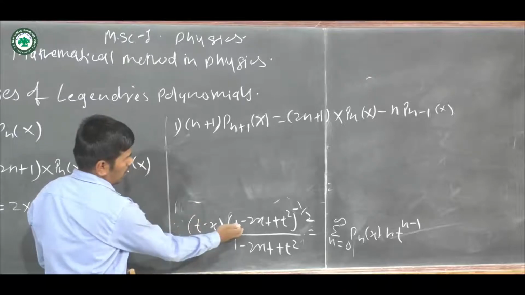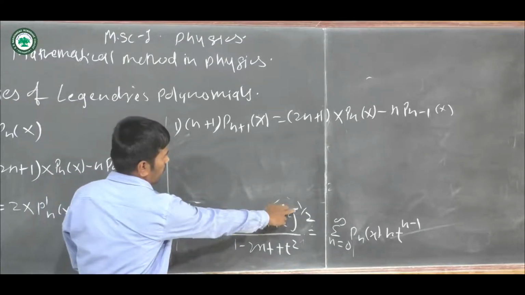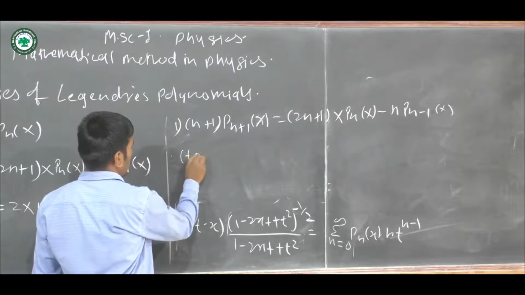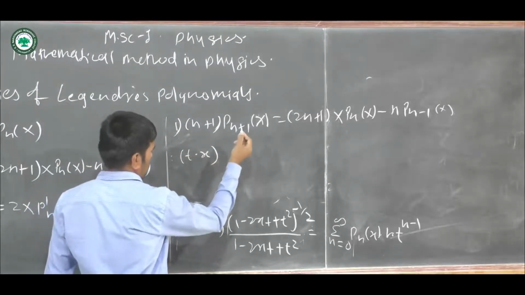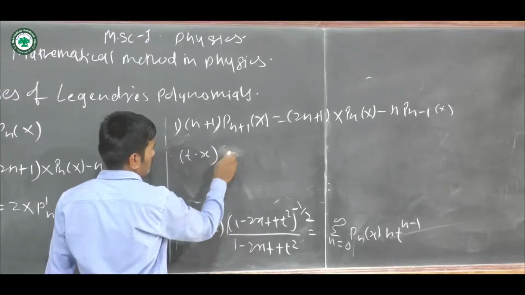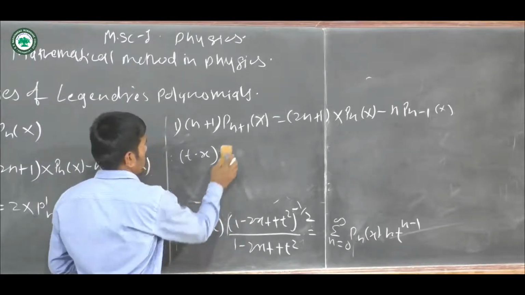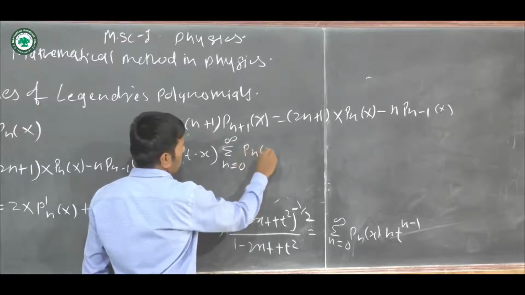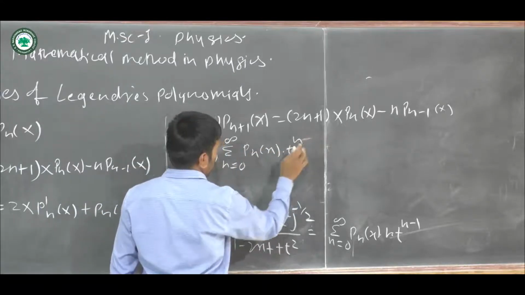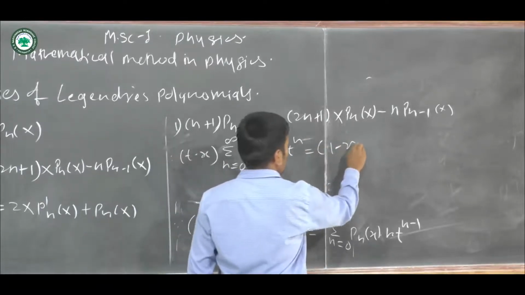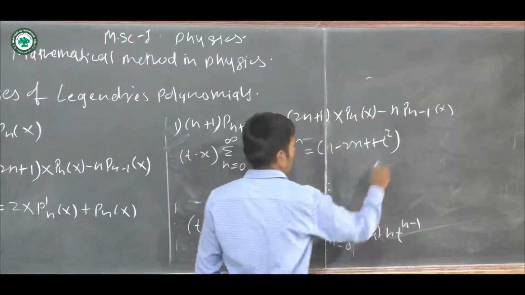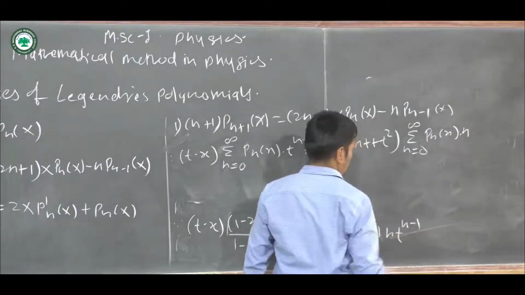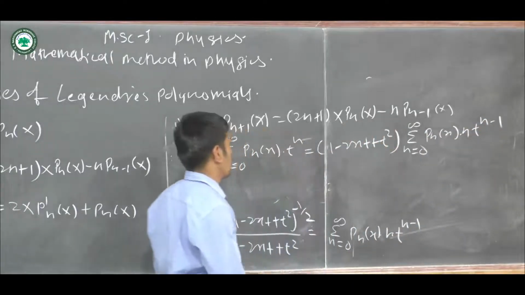So this (1 − 2xt + t²) to the power minus half is nothing but the generating function, so we can rewrite this as (t − x) times the summation over n of P_n(x) t^n, equal to (1 − 2xt + t²) into the summation over n equal to 0 to infinity of P_n into n into t^(n−1).